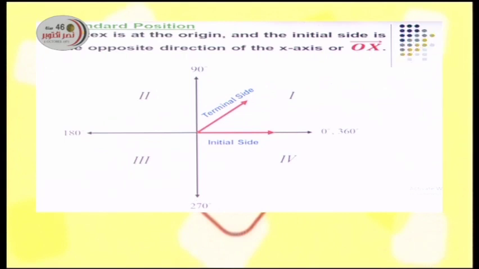The fourth quadrant is between 270 and 360. We see that the directed angle is very easy. It starts with the initial side, which is OX, or the positive direction of the x-axis, and its terminal side is anywhere, maybe in the first, second, third, or fourth quadrant.